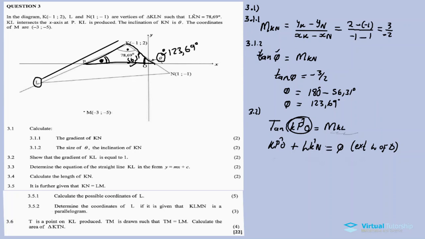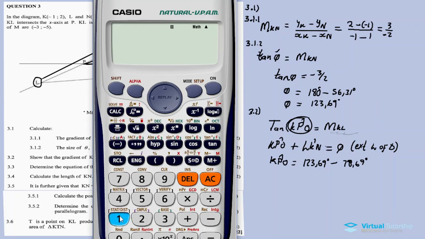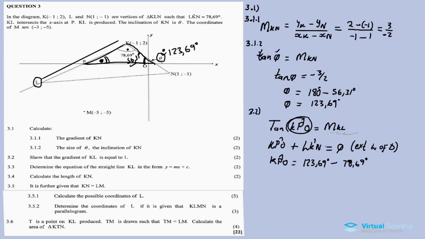So let us substitute, making KPO the subject of the formula. I'll have KPO equal to theta, which is 123.69, minus this angle PKN, which is 78.69 degrees. 123.69 minus 78.69 degrees is equal to 45 degrees.